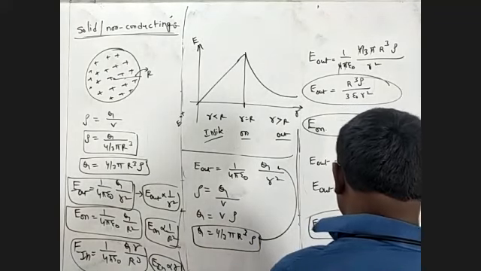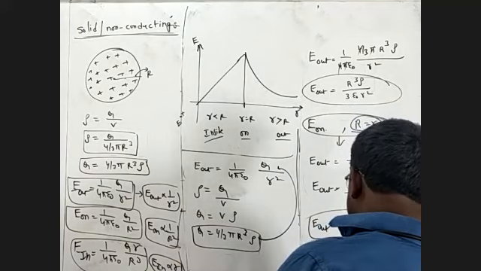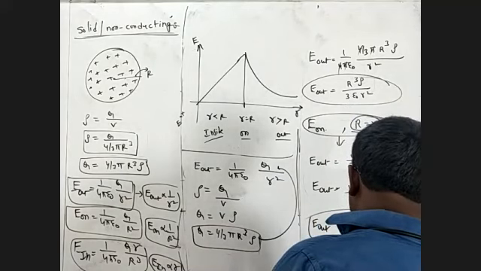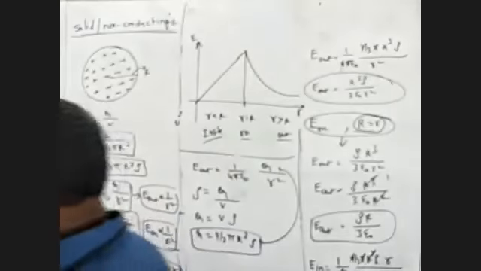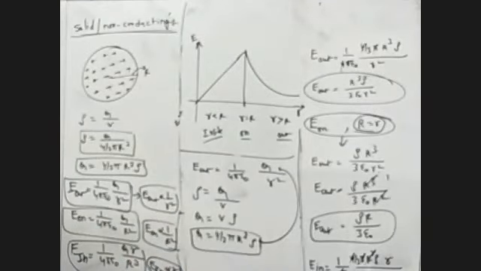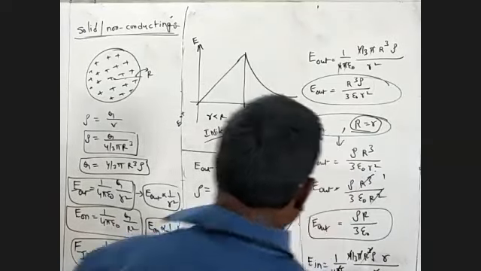The R cube cancels, and the 4 and pi cancel, and E in is equal to rho small r by 3 epsilon naught. That is the inside value.